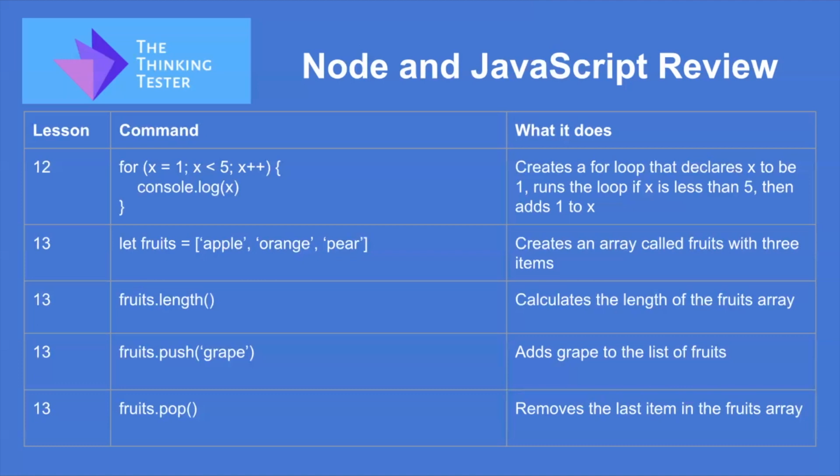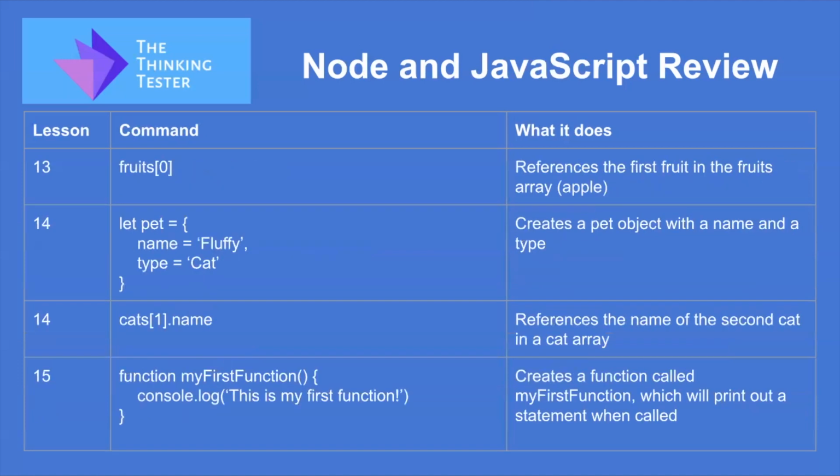We learned how to remove the last item in a fruits array by saying fruits.pop. We also learned how to reference an item in an array by using the number of the item in square brackets. And we learned that the first item in an array is always 0. So when we say fruits[0], we're accessing the first fruit in the array.